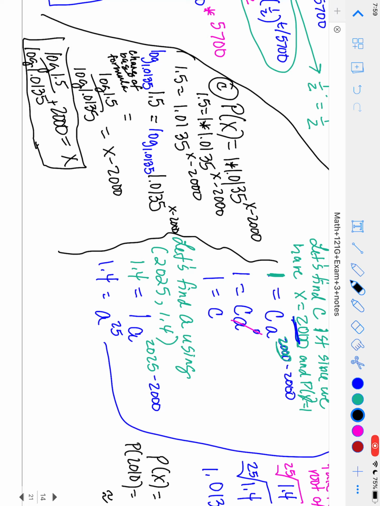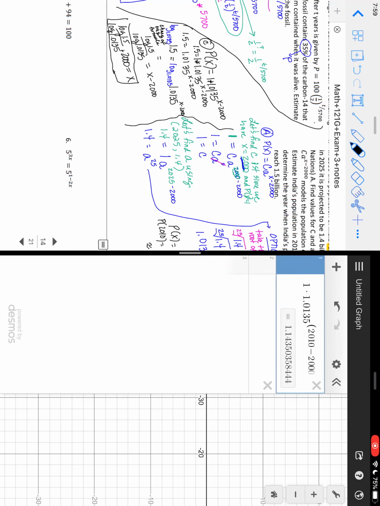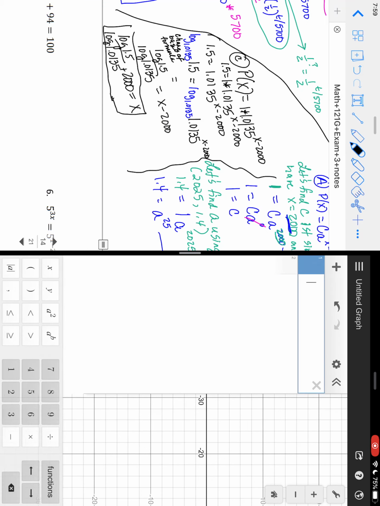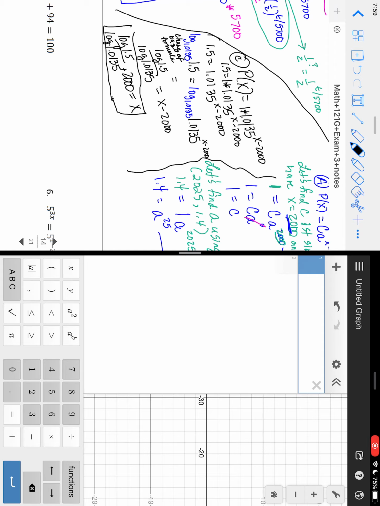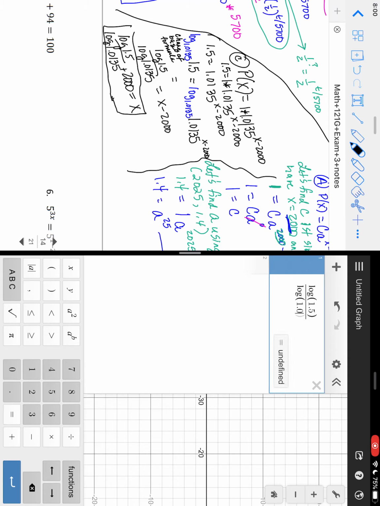And if you do this in your calculator, you should get, let's see. So I'm going to do log of 1.5 divided by the log of 1.0135 and then plus 2000.